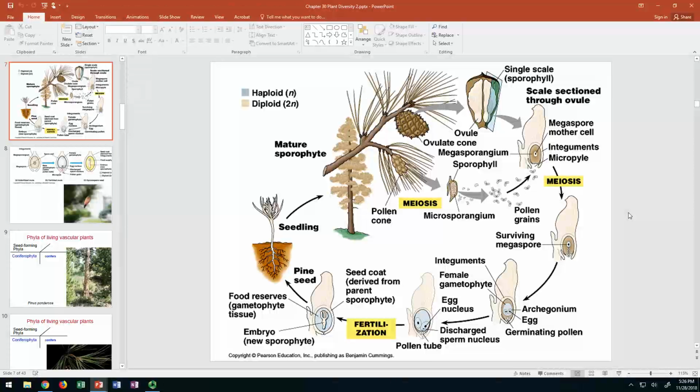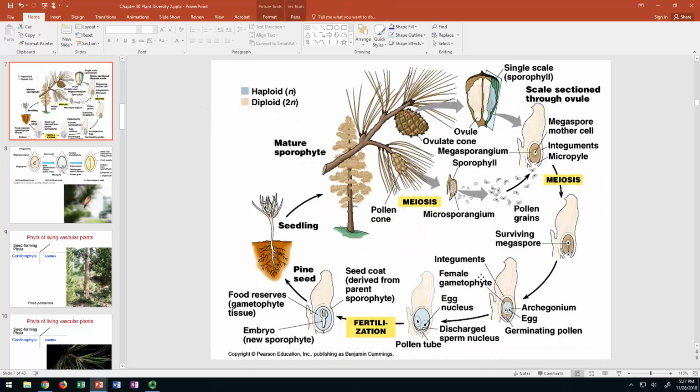Anybody? Nobody. Not a single person has an idea. Sporophyte.